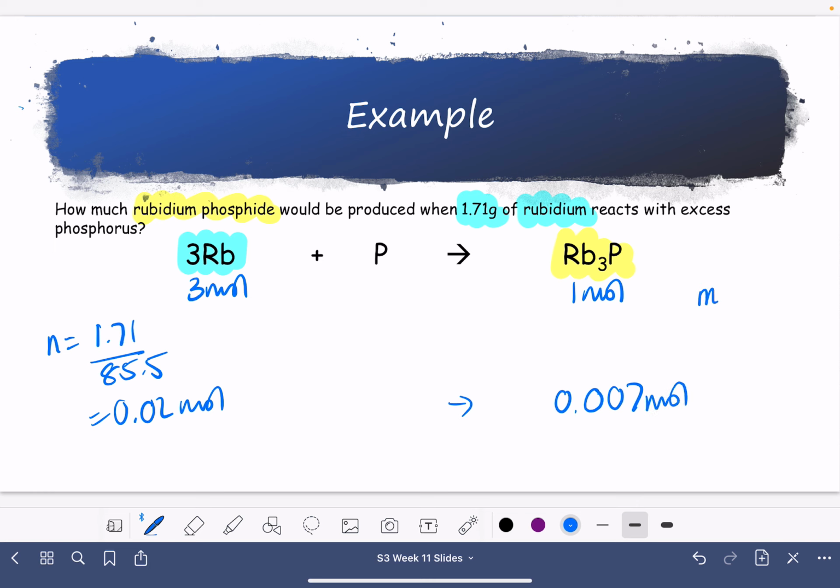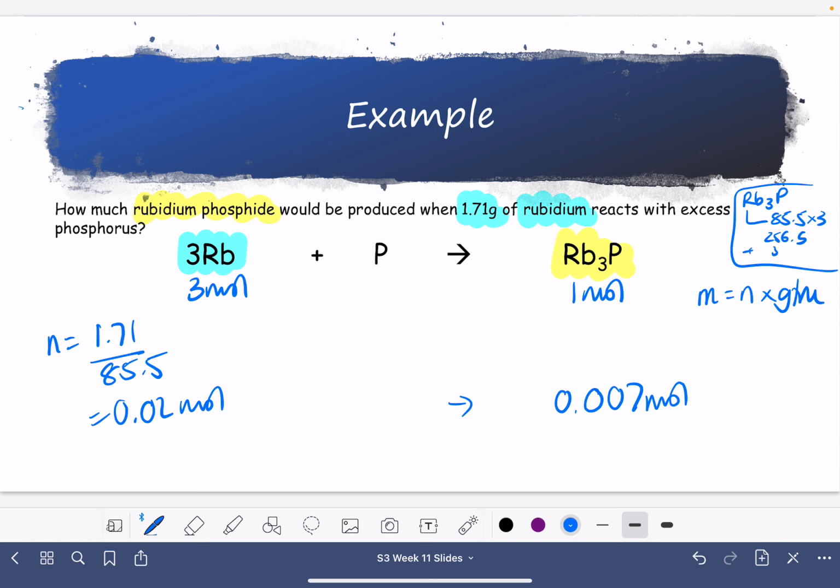What's the mass of that? Well, the mass is the number of moles times the gram formula mass. The gram formula mass of rubidium phosphide, so let's calculate that, Rb3P. So rubidium was 85.5, wasn't it? And we times that by 3. So that's 256.5. And then phosphorus is 31.